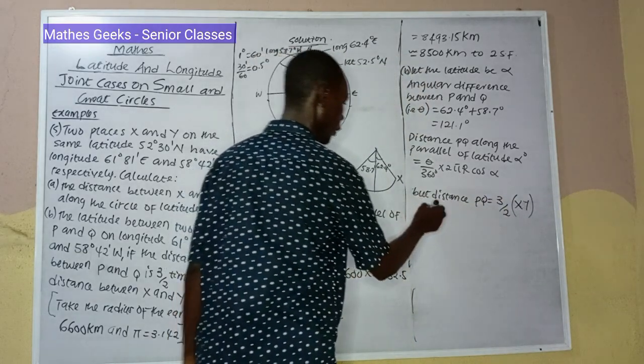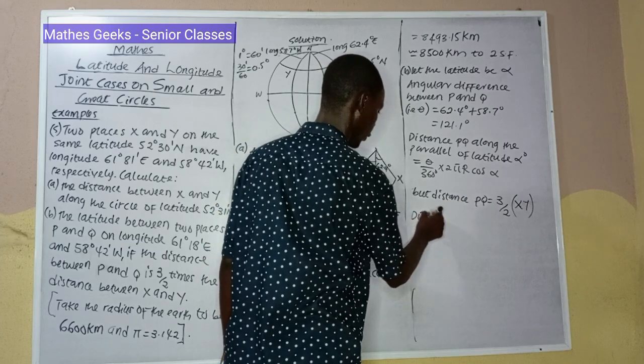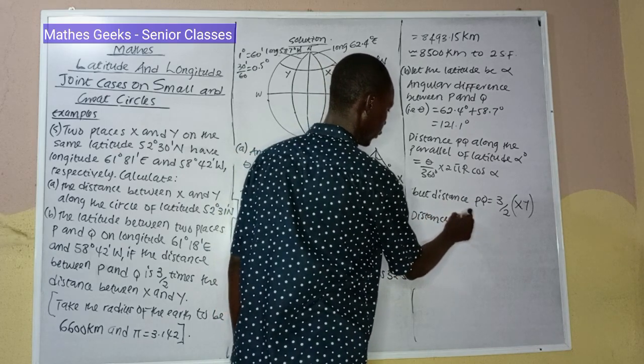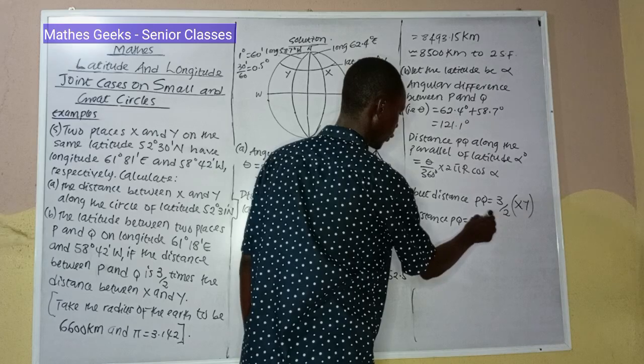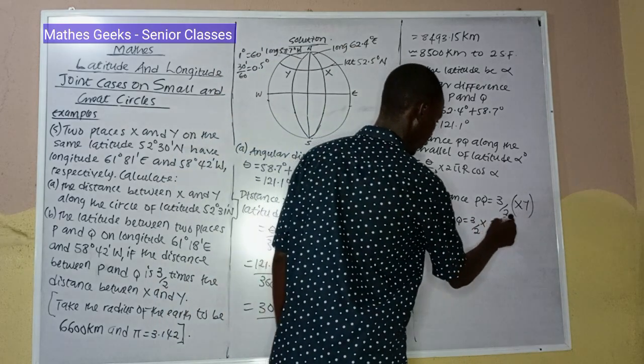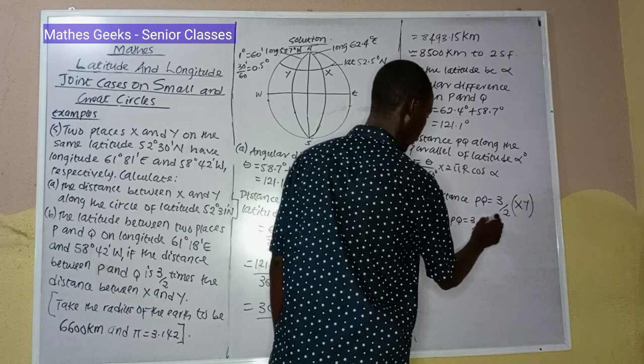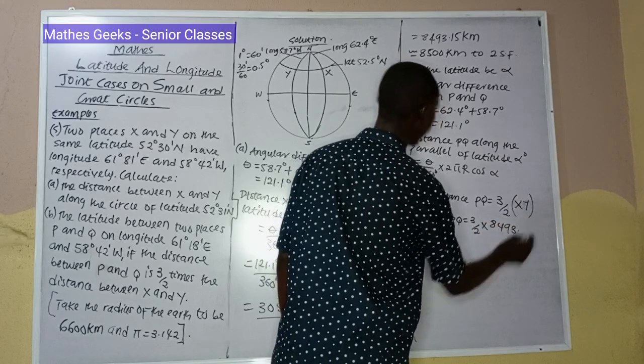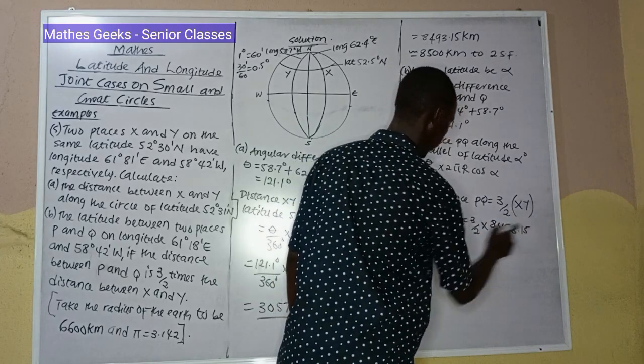So the distance PQ is equal to 3 over 2 times XY. The distance of XY is 8493.15.